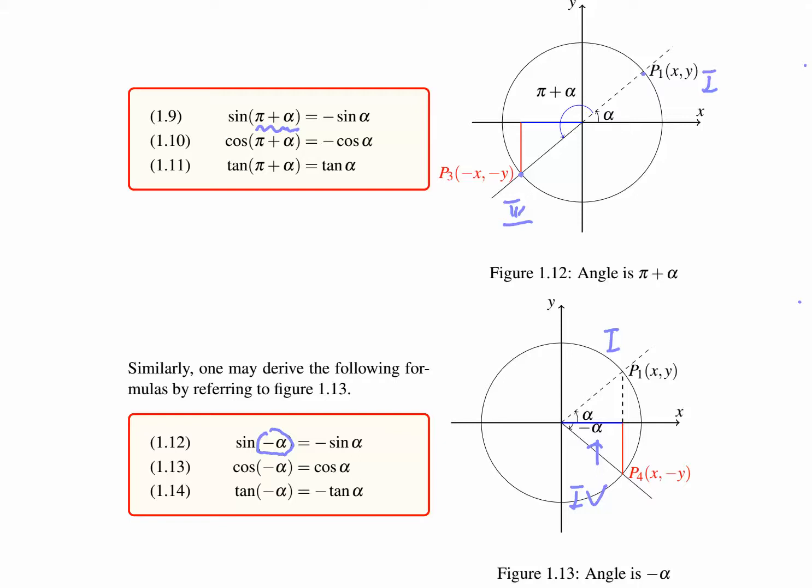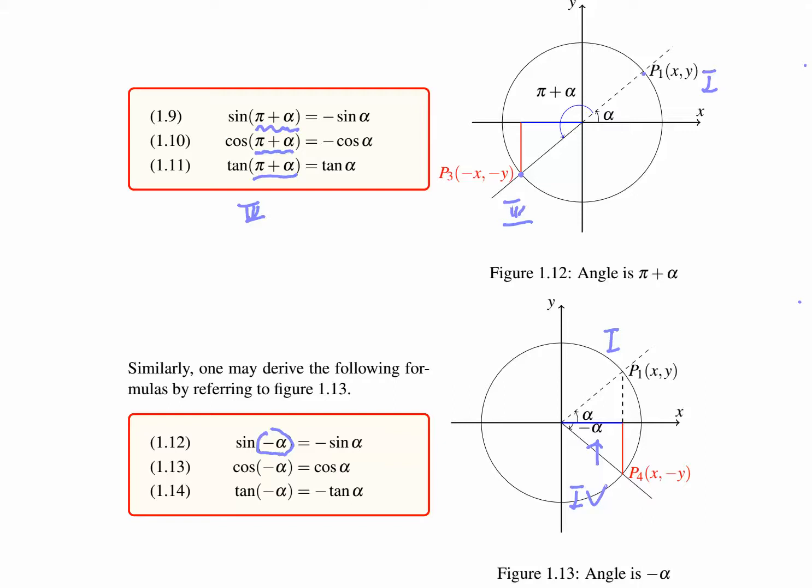Okay, and here pi plus alpha, they are all in the third quadrant.